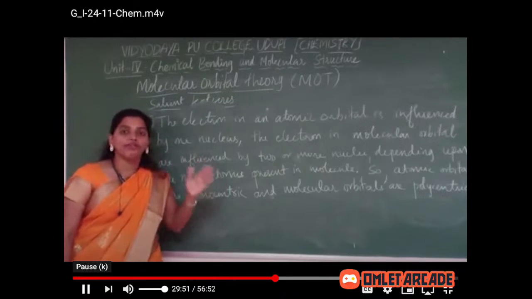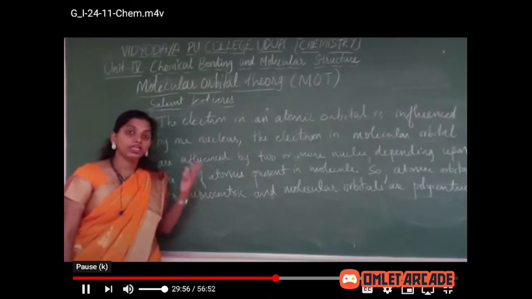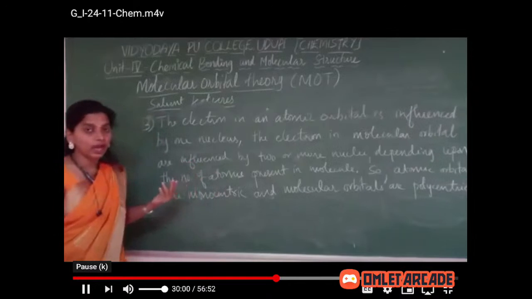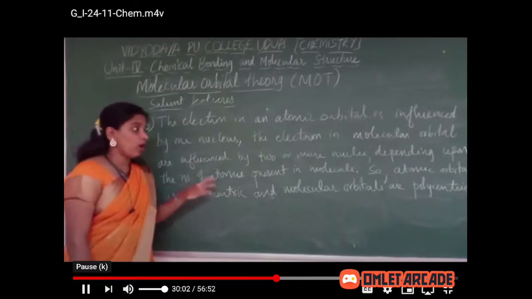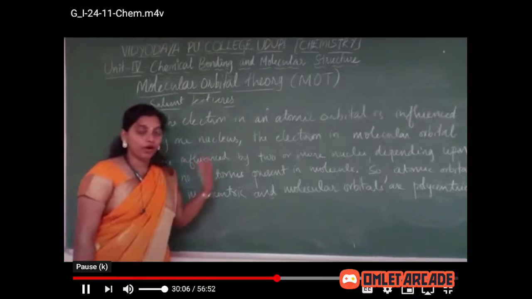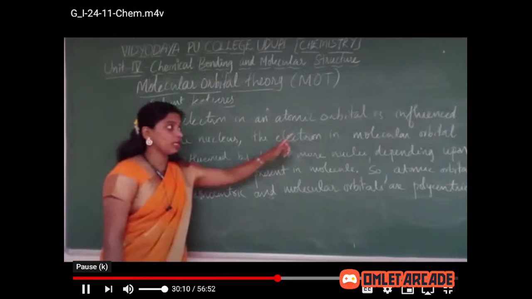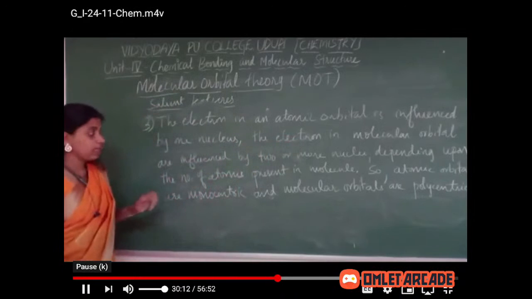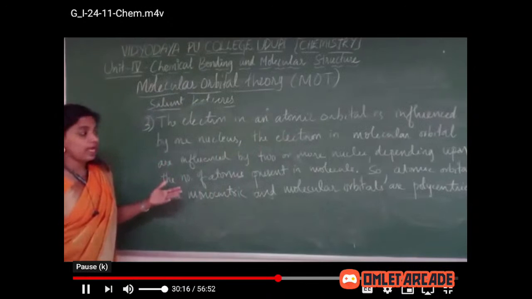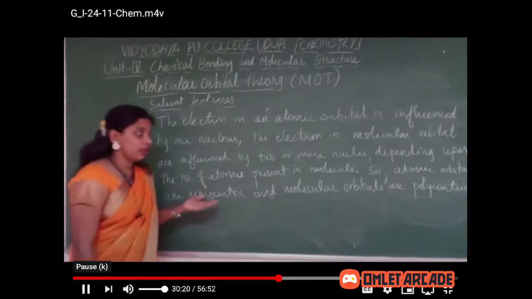If three atoms, a triatomic molecule, then three nuclei will be there. Similarly tetraatomic. So depending upon the number of atoms present in the molecule, two or more nuclei will be there. The electron in the molecular orbital will be influenced by two or more nuclei.